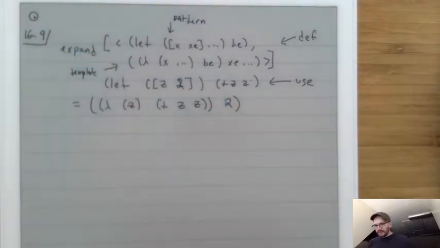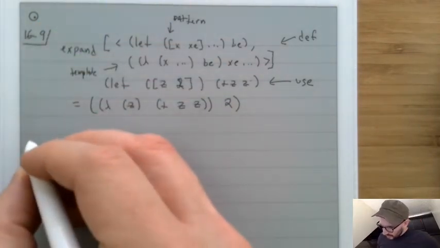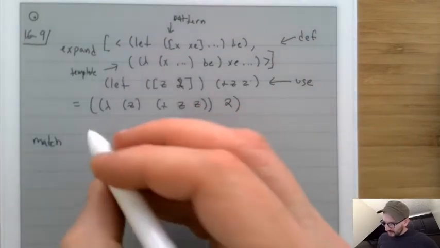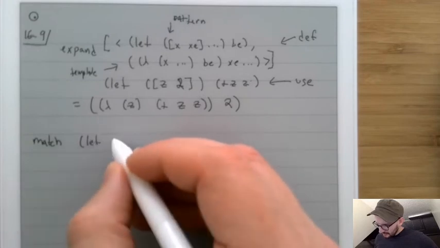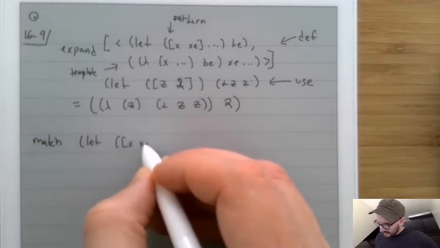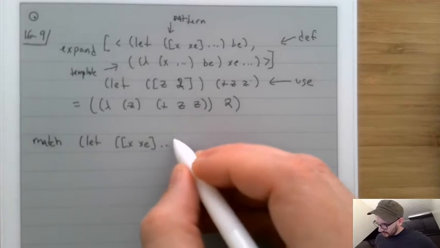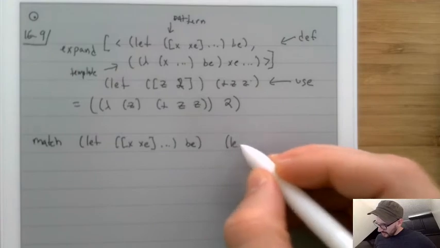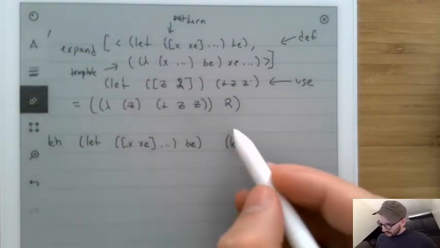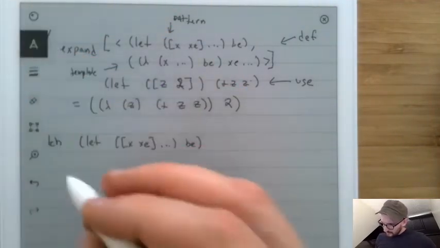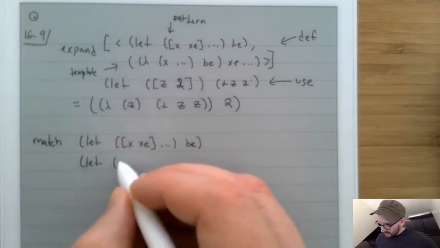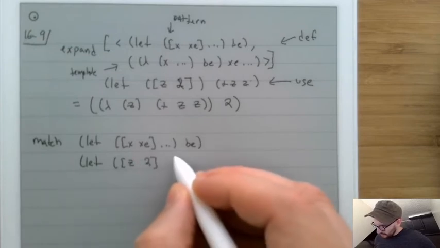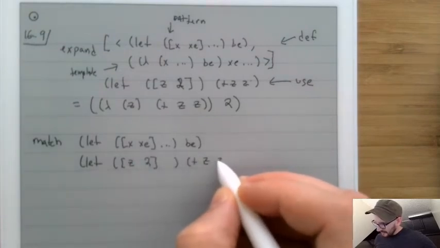Okay. So with this use, what we're going to do is we're going to call match, and we're going to give it the pattern, which is let x, xe, ... be, and we're going to give it the use, which is let z 2 plus zz.